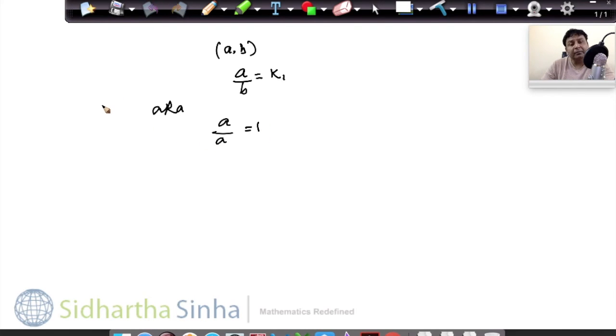So it's reflexive. Then symmetric. If A by B is K1, then clearly B by A is not divisible obviously. It's 1 by K1. So it is not symmetric.